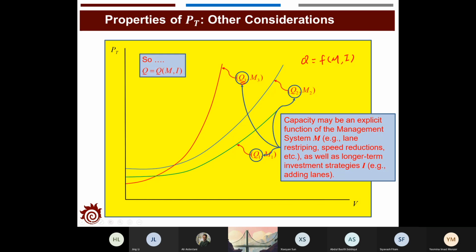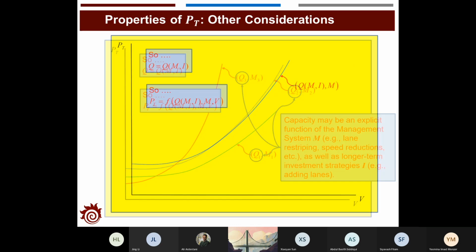So by introducing this concept, we will then claim that PT is a function of management strategy, investment, and also the volume. So that's the additional information we can get from this analysis.